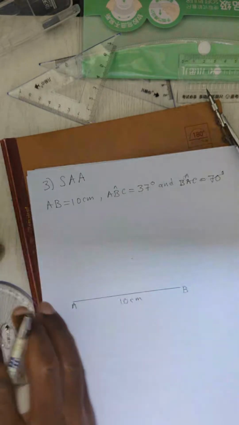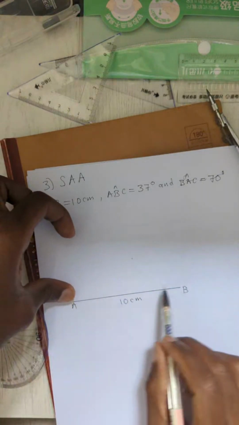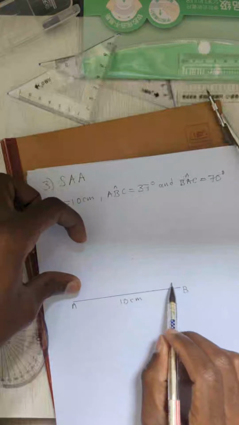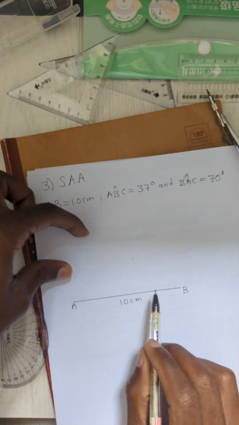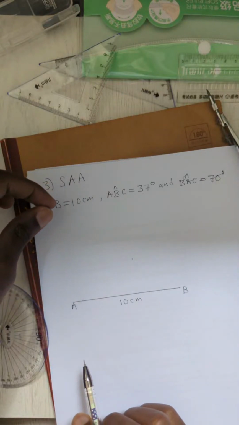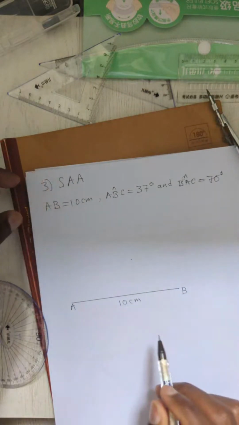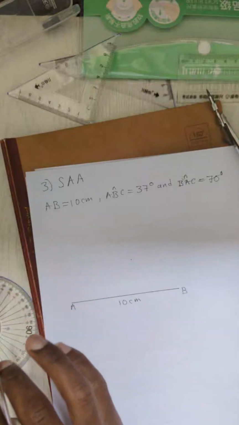I know the line from B to C passes somewhere here, but the problem is I don't know how long the line BC is.